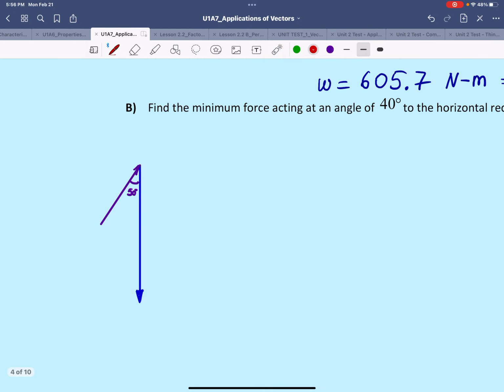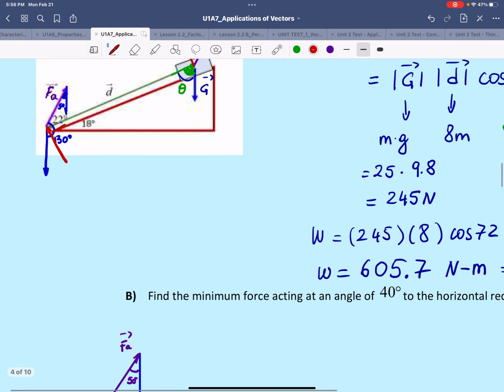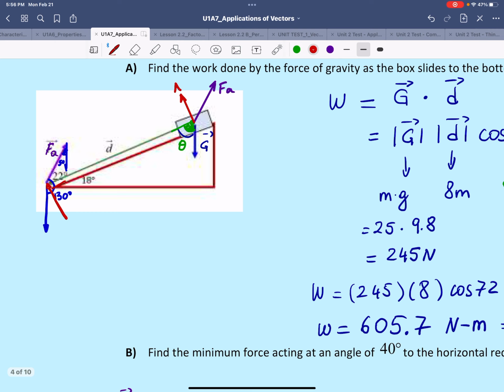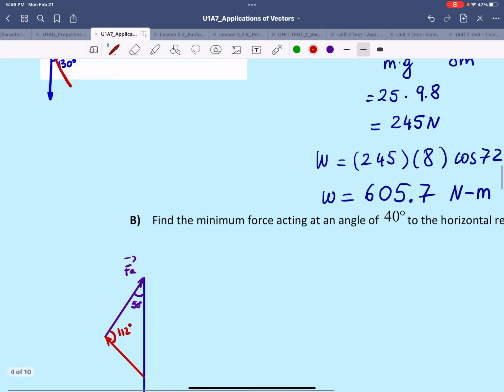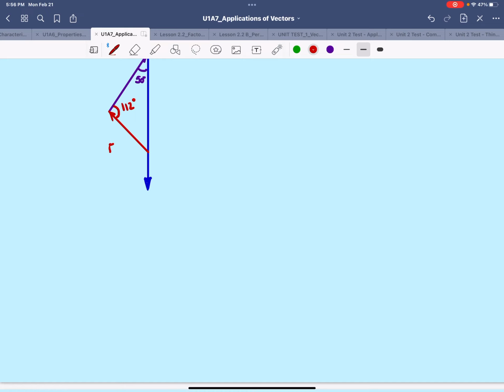So we'll have the force FA equal to 112 degrees. Okay, so here we go, force FA. This would be the normal force, which we are going to indicate by the letter N here, and we have gravity as well.